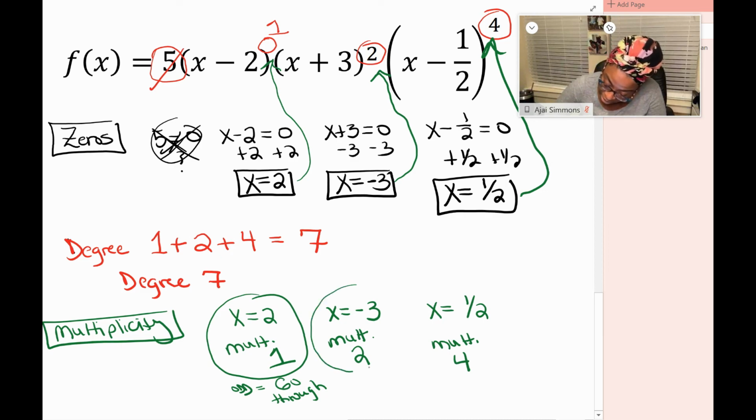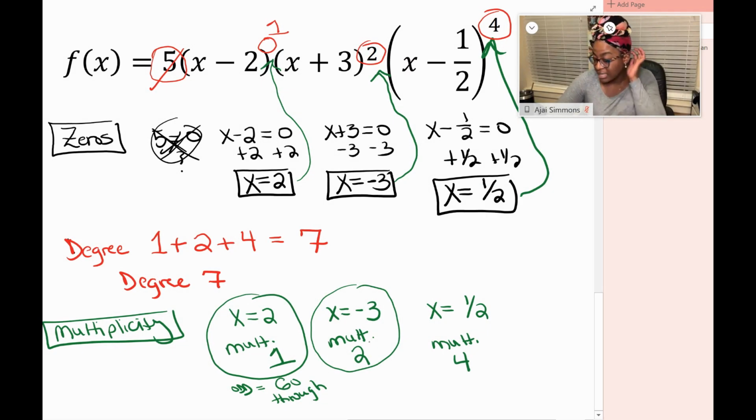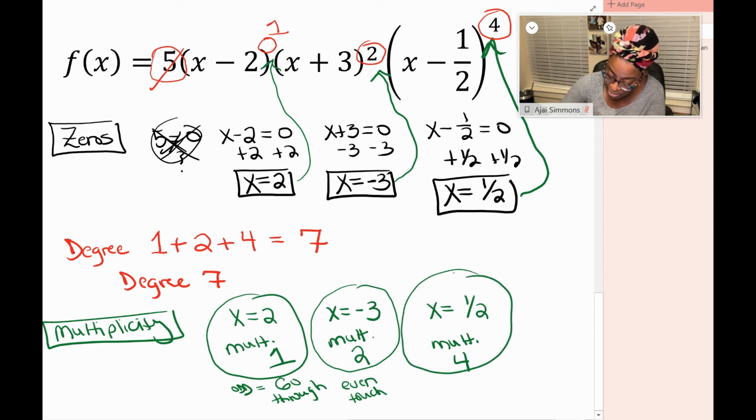Right here, this is an even number. x equals negative 3 had a multiplicity of 2. Because this is an even number, that means it's just going to touch. Okay, and then lastly, because this multiplicity is 4, that is an even number. Again, it should just touch.